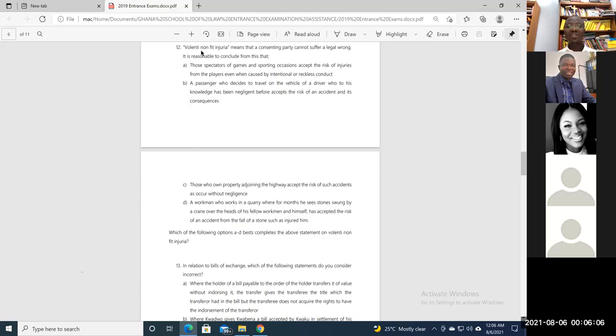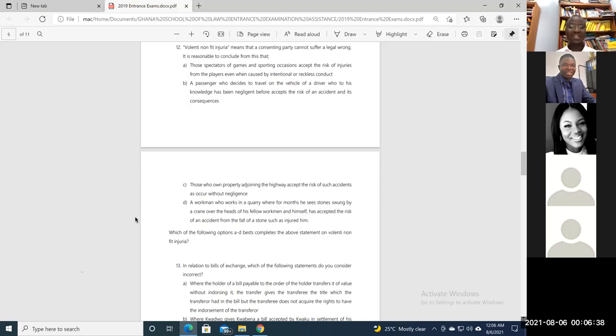D and A. We have a lot of people saying D and one person saying A. Of course, we'll be able to cross out B, that B is really unreasonable, isn't it? B is saying that somebody has been negligent before, and for that matter, if you drive subsequently with him and anything goes wrong, you should blame yourself because you ought to have known that he had previously been negligent.